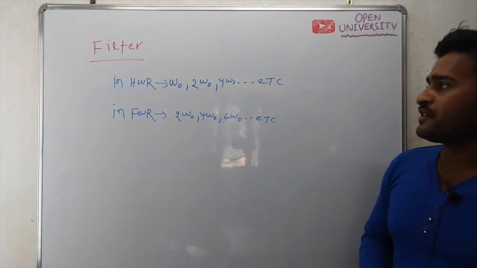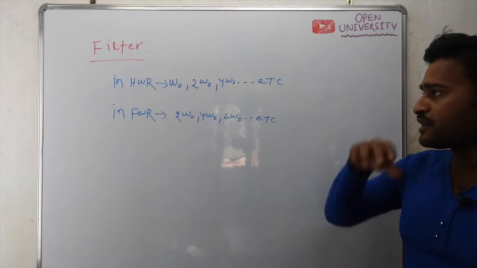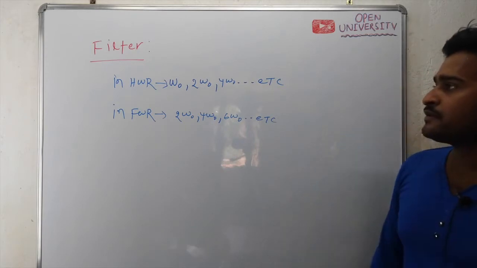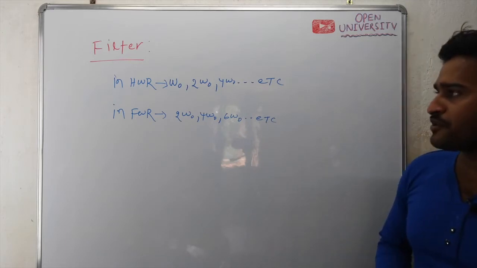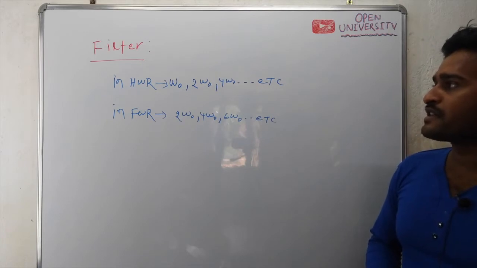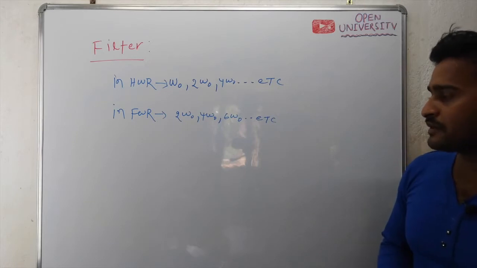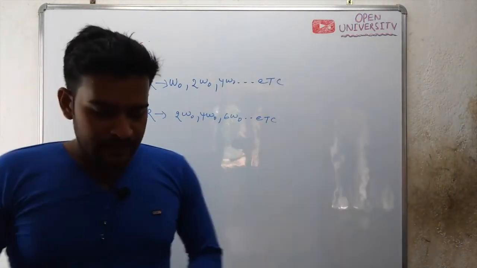Okay, so take the definitions of some points regarding filter. A filter is a frequency selective network which passes desired range of frequencies and rejects unwanted frequencies. Take the next point.